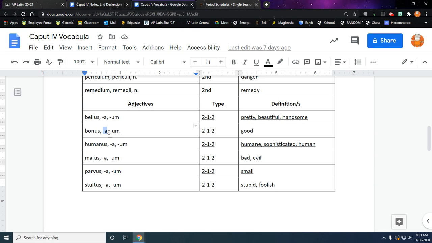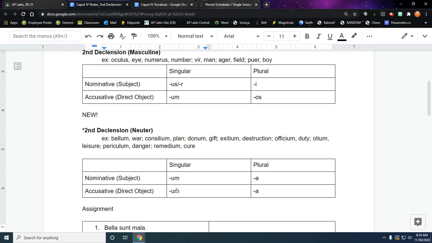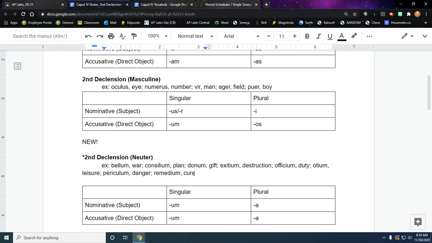A good woman, bona, or a good anything neuter, a good war, you wouldn't say that, but a good cure, you would use these endings. So adjectives can be anything, but nouns are just limited to whatever declension they belong to.